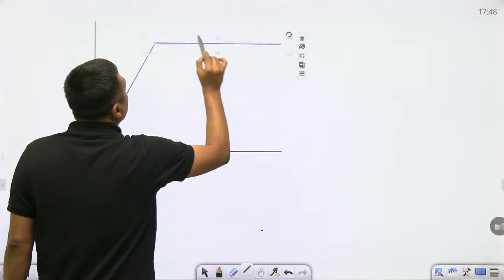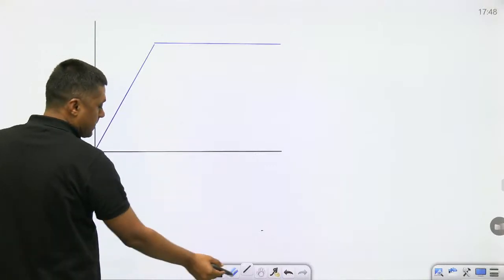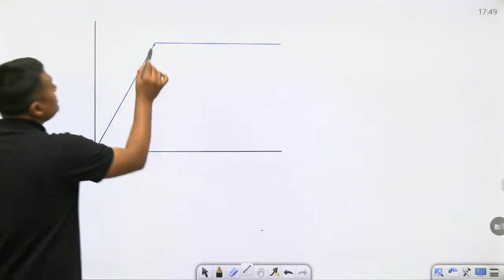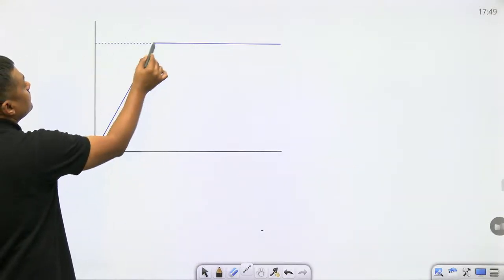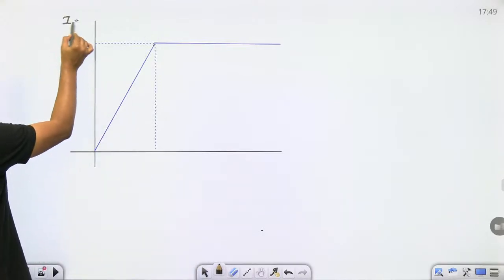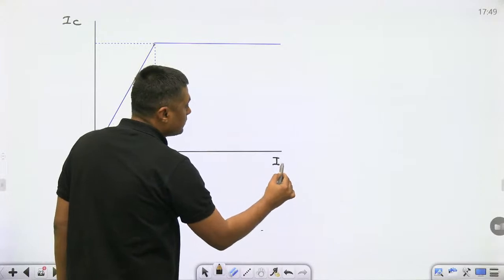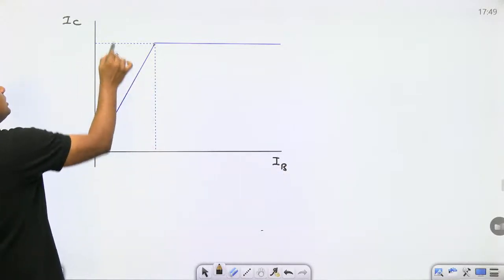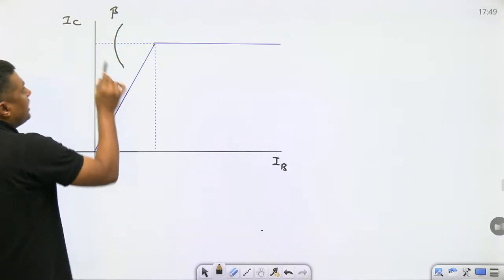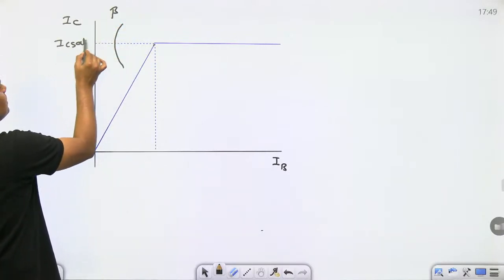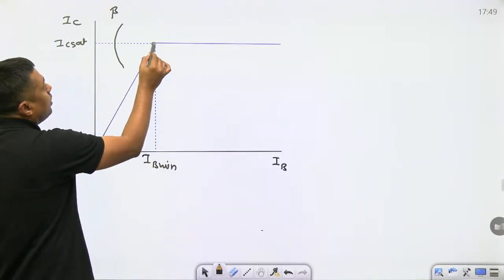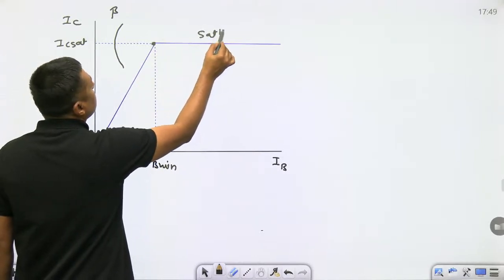This is called IC sat. This is IC and this is IB. Up to the active region, the slope is beta, and after that it is IC saturation. So this is called IB minimum. And this is the boundary of saturation and active region.